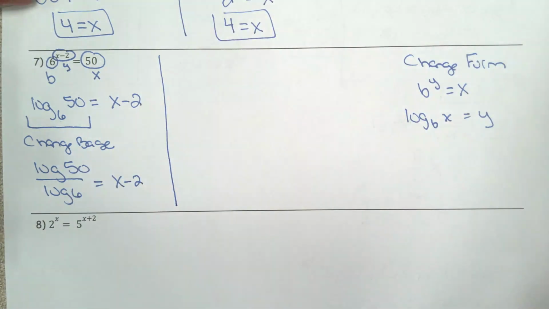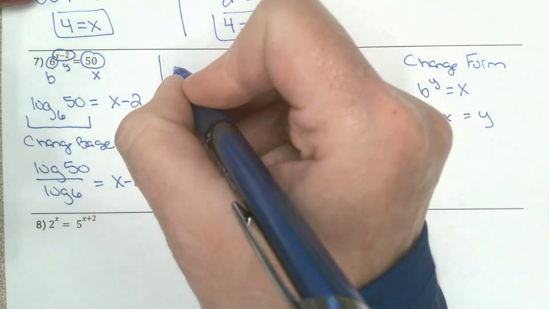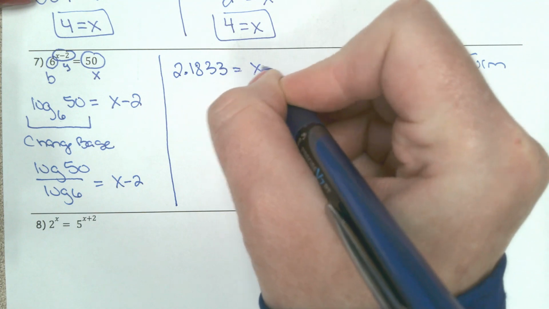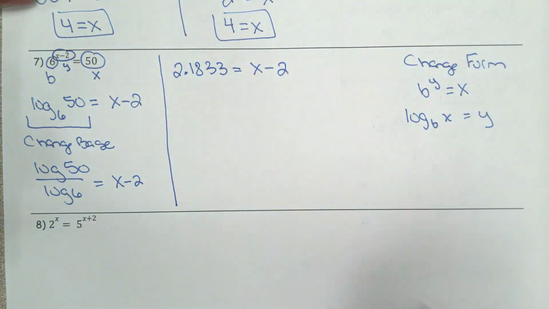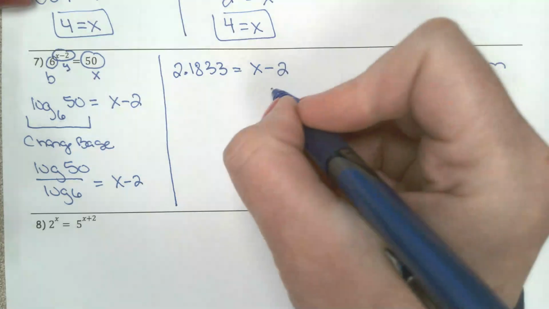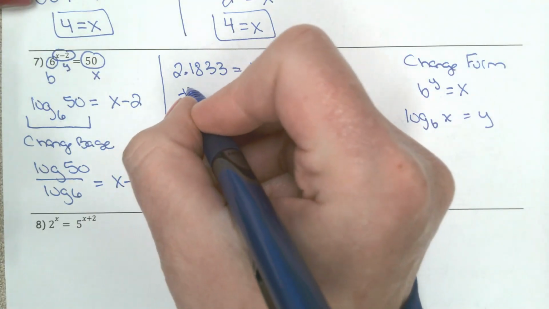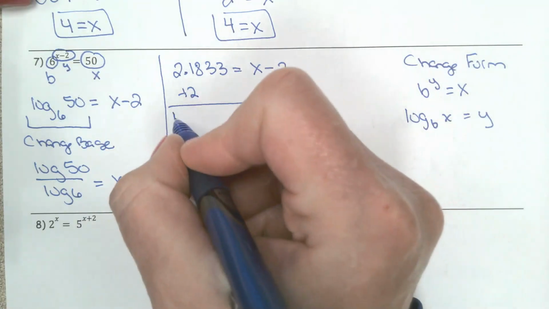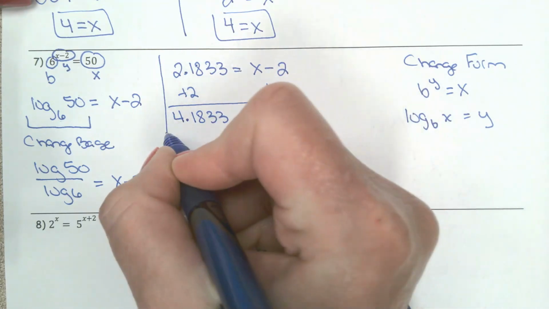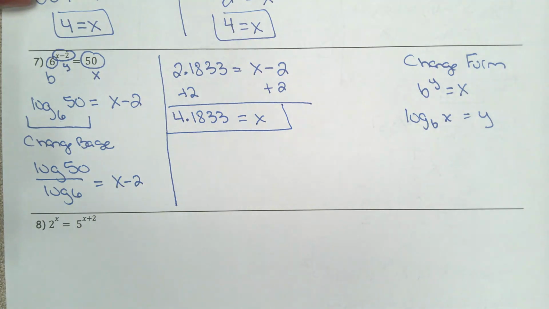I took this in my calculator and I got 2.1833. Let's get in the habit of rounding to 4 decimal places on these. We're going to add 2 to both sides, and this is 4.1833 equals x. Should be your good final answer on that one.